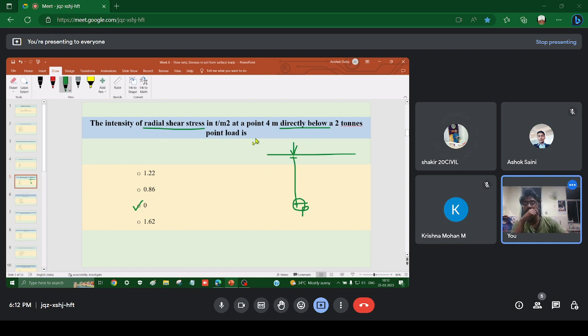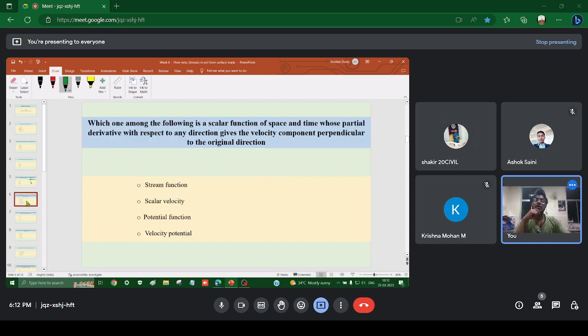Next question: which among the following is a scalar function of space and time whose partial derivative with respect to the direction gives the velocity component perpendicular to the original direction? It's a stream function, very good. Stream function we represent as xi.